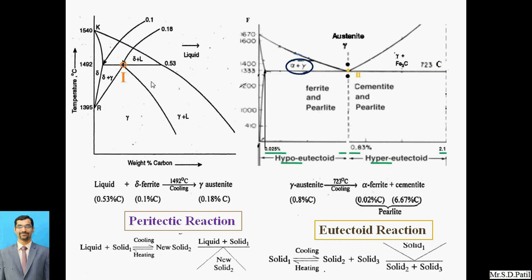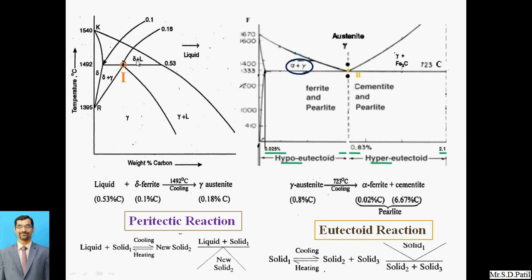So first is the peritectic reaction, or transformation, that we can see. In the peritectic transformation, basically, what we can see is that it is at the upper part of the delta phase. So this will be delta. Here will be the liquid phase.